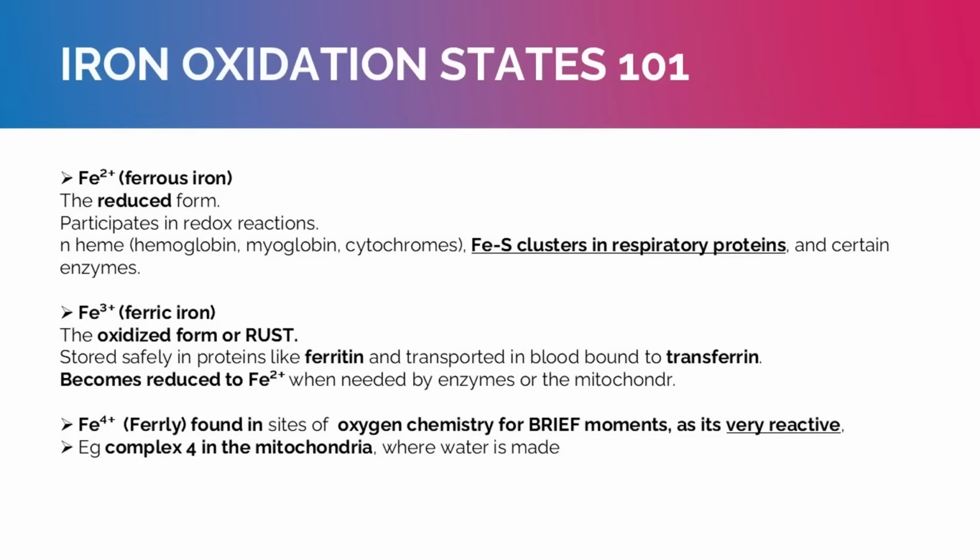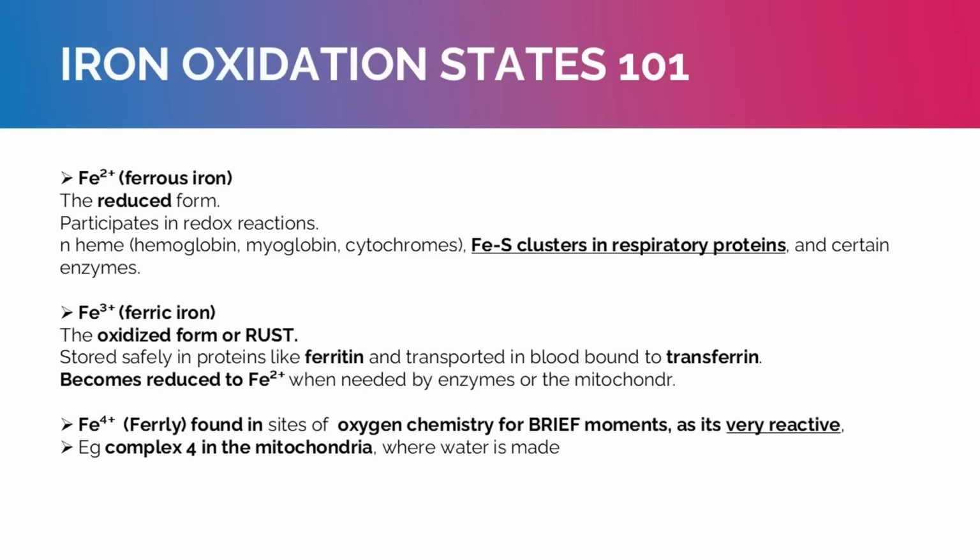So we've got the ferrous iron, or the Fe2+, or iron 2, and this is the reduced form, and this is the one that participates in redox reactions, but then it can't participate in a redox reaction unless it turns into iron 3. Also, the ferrous form is in hemoglobin, myoglobin, cytochromes, the iron-sulfur clusters in the respiratory chain, and certain enzymes.